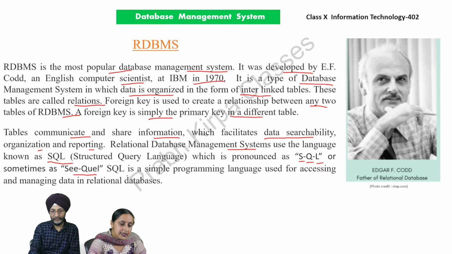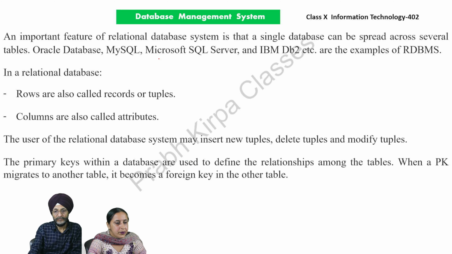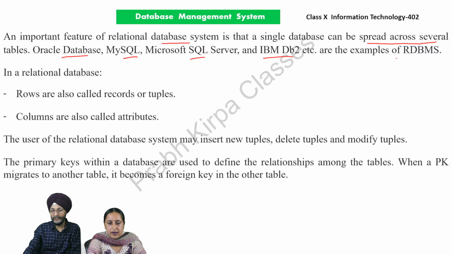SQL is a simple programming language used for accessing and managing data in relational databases. An important feature of a relational database system is that a single database can be spread across several tables. Oracle database, MySQL, Microsoft SQL Server, and IBM DB2, etc. are examples of RDBMS.